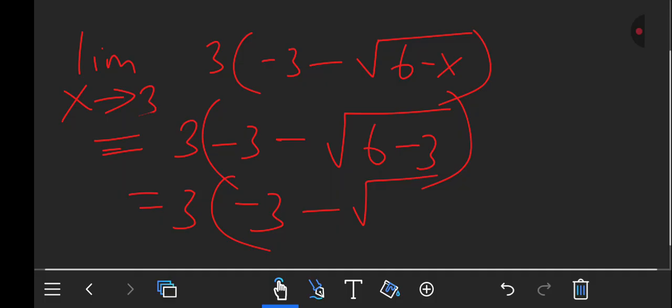Actually the limit was a negative. Let me just check in the actual exam paper. Okay, so the limit was negative, not a positive.